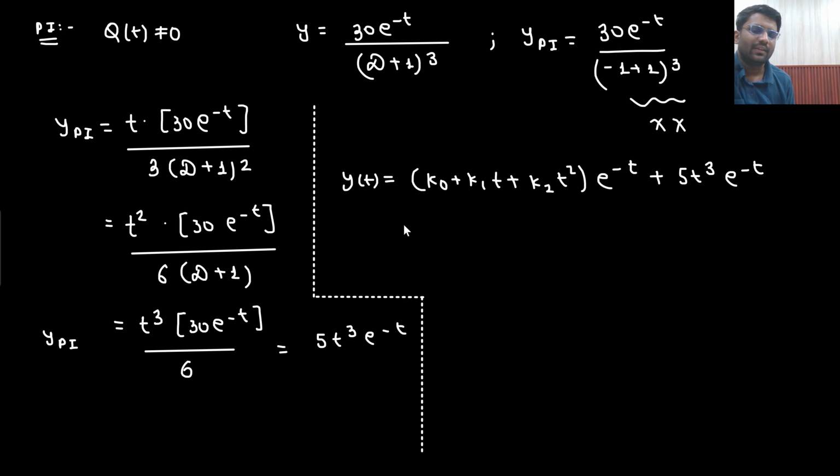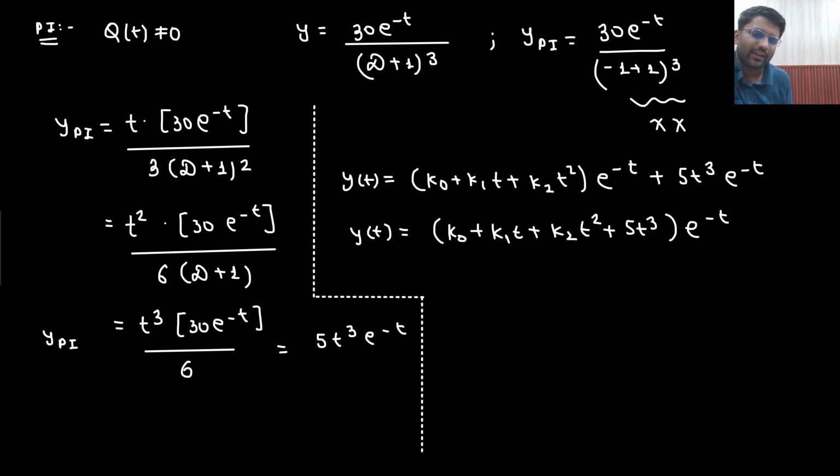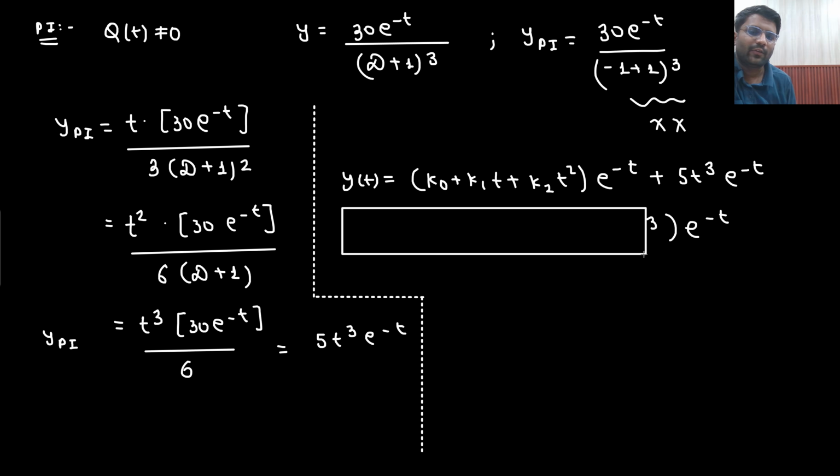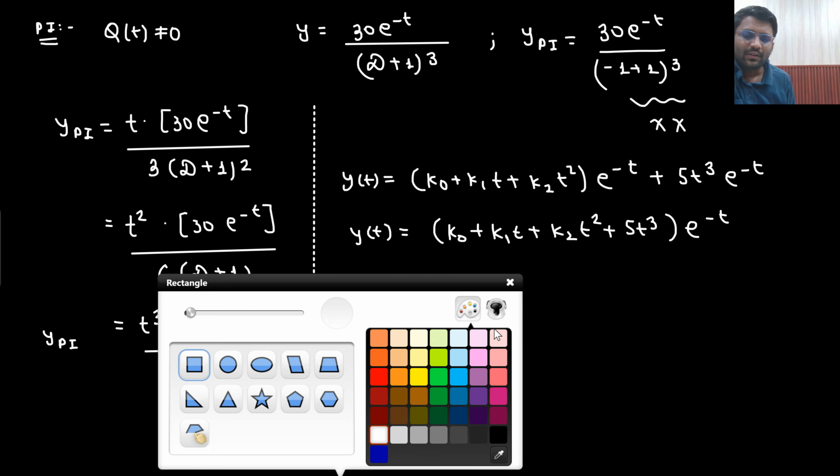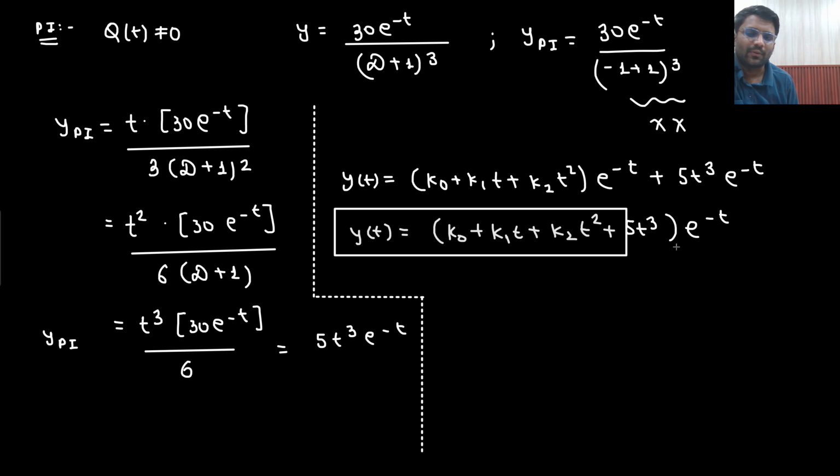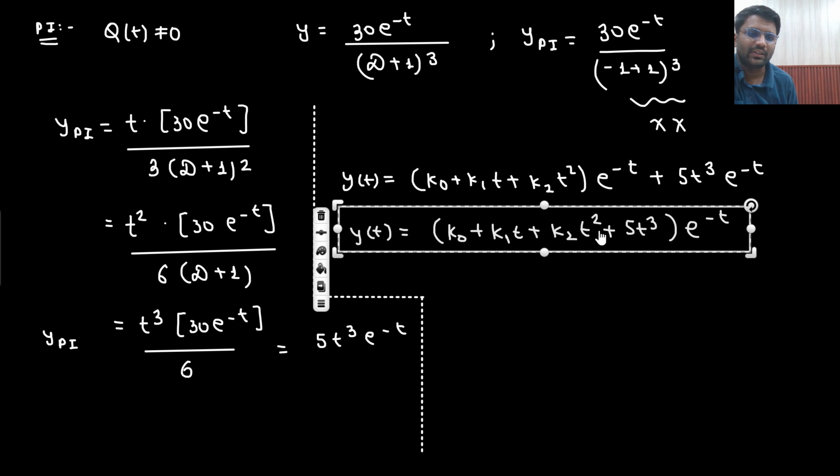So y of t can be written as k0 plus k1t plus k2t square plus 5 t cube, e to the power minus t. This is your y of t, right? Now you need to find out the values of k0, k1, k2, k3. So let's find out these values.